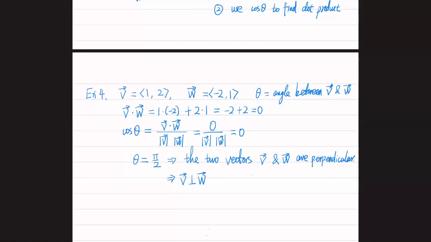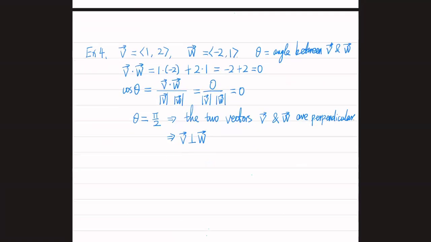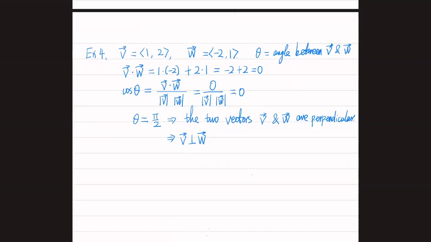Okay, so two vectors are perpendicular. Then we have the following. So this is our observation. If the dot product is 0, then they must be perpendicular.